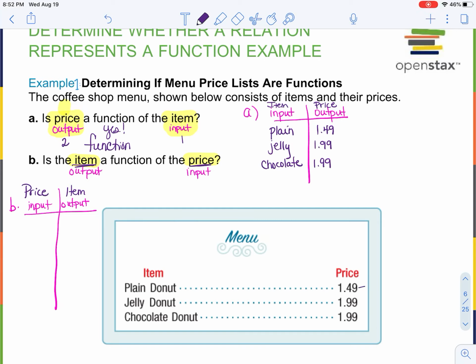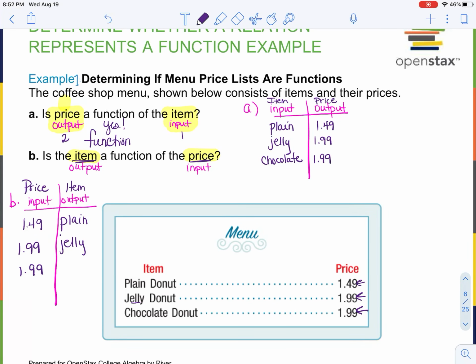So we have the price $1.49, which is a plain donut for the output. Then we have the price $1.99, which is a jelly donut. Is everybody getting hungry? And then $1.99, which is a chocolate donut. Okay. In this case, the price $1.49 is only associated with plain, so that's good.